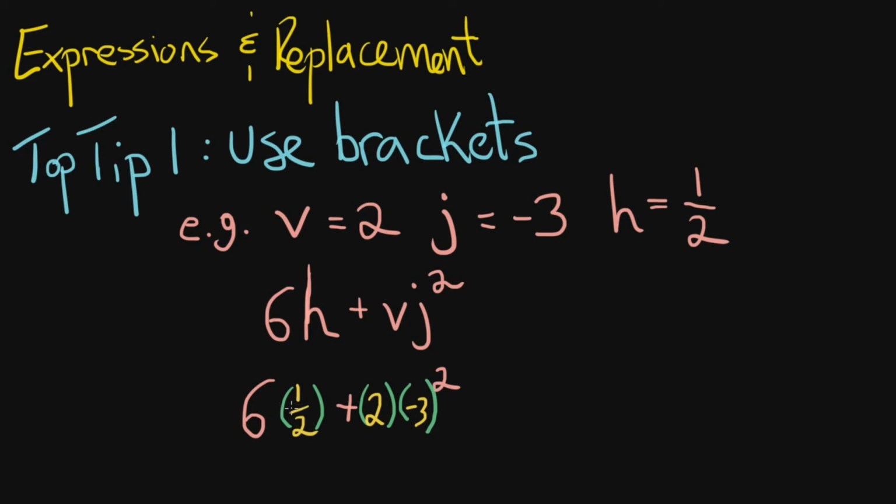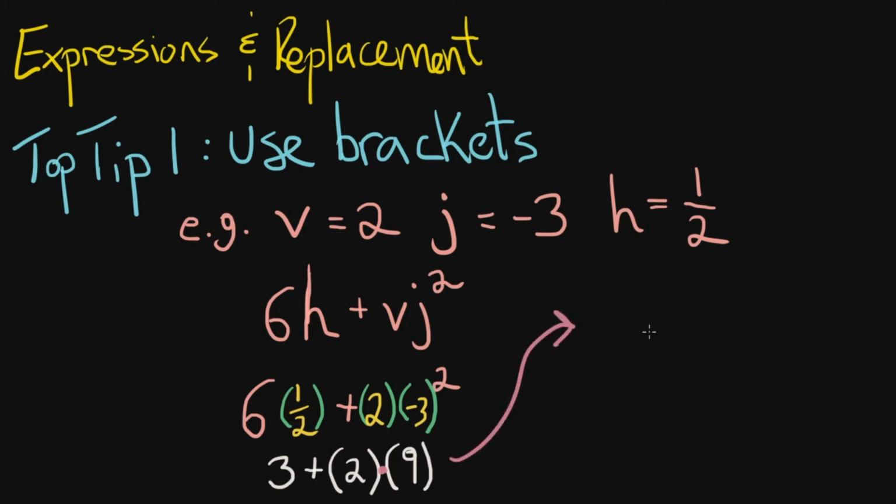So 6 times a half, that's going to be 3, plus, I'm going to keep this in brackets, 2. I'm going to do our exponents here. -3 squared, that means -3 times -3, so that's +9. Just a reminder, 2 brackets that are stuck together, there's a hidden multiplying that's going on there.